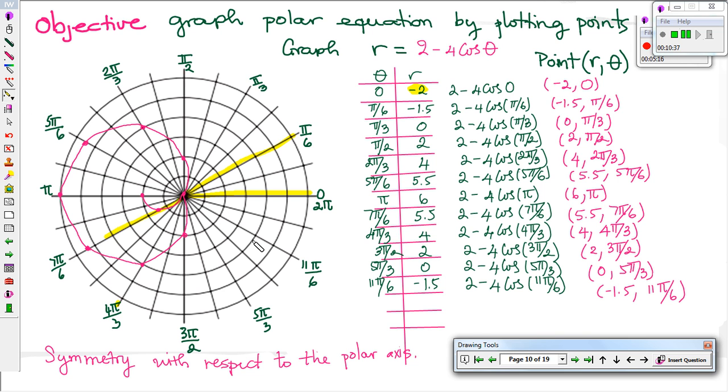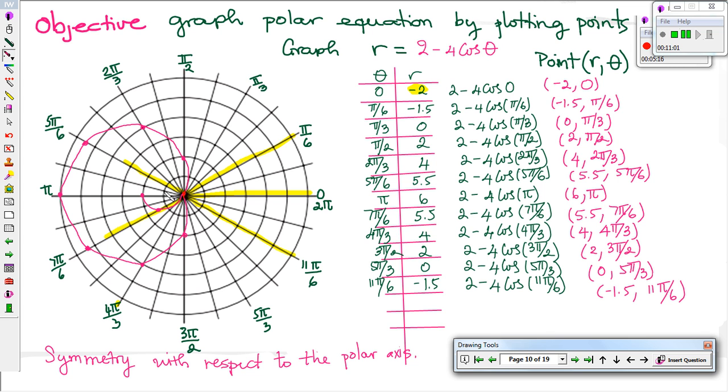So first I'm looking for 11 pi over 6. Since the direct distance from the pole, which is r, is a negative number, we cannot put the point on the terminal side of 11 pi over 6. We have to look for the opposite, which is the same thing as 5 pi over 6.